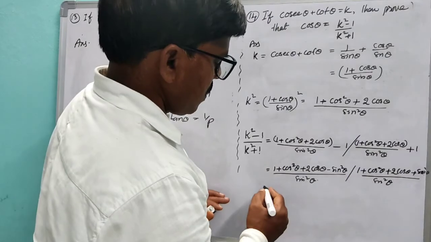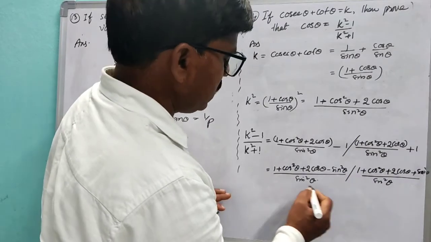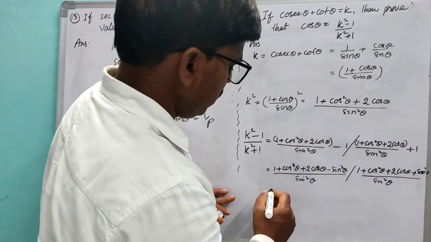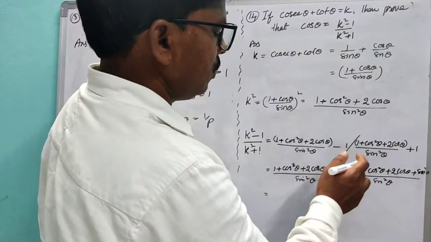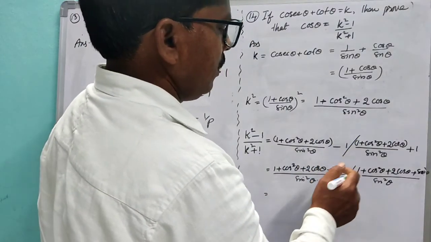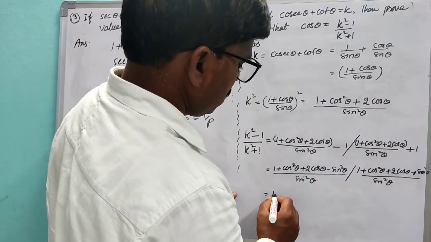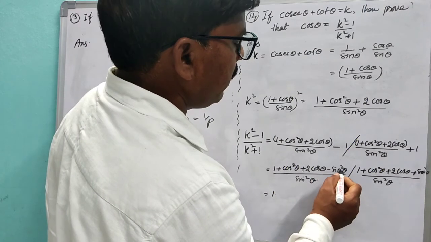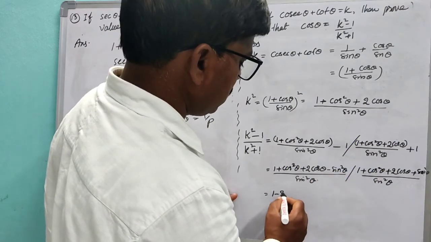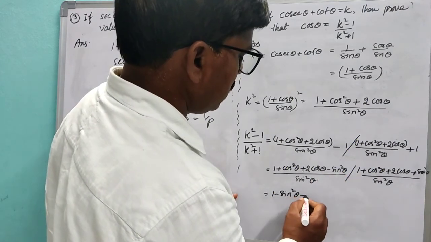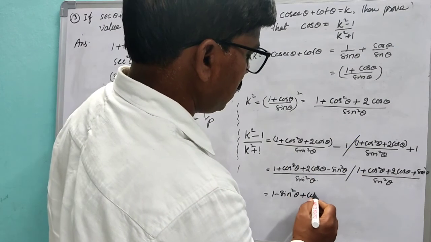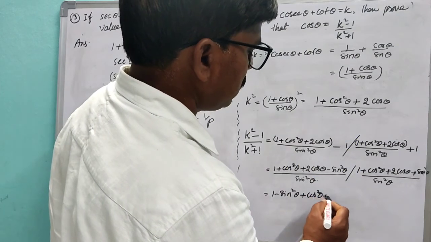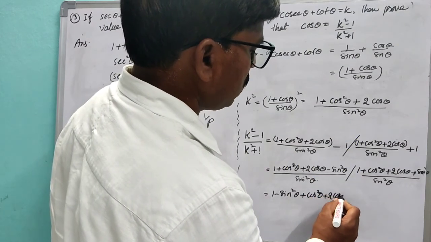So sin square gets cancelled. Now rearrange this to this side: 1 minus sin square theta plus cos square theta plus 2 cos theta by sin square theta.